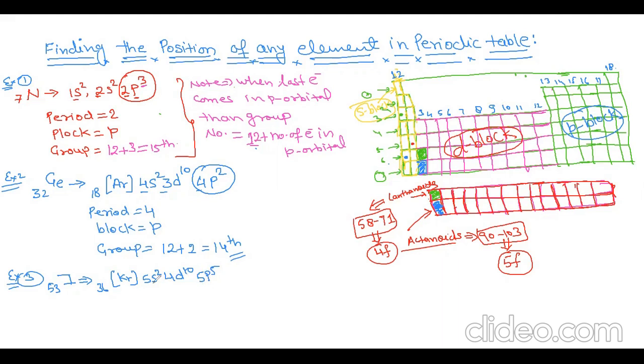So for the last electron, the largest number is 5, then period equal to 5, block p, then group number is equal to 12 plus 5, that is equal to 17.